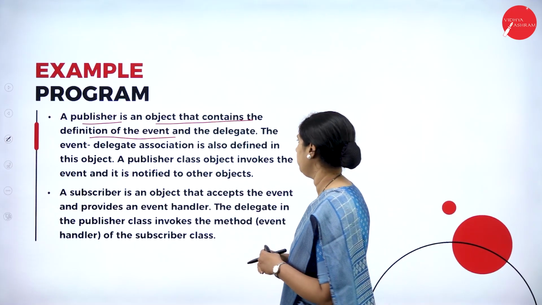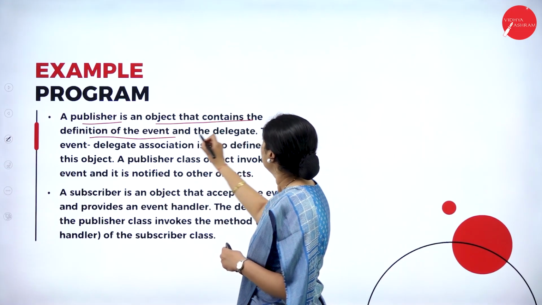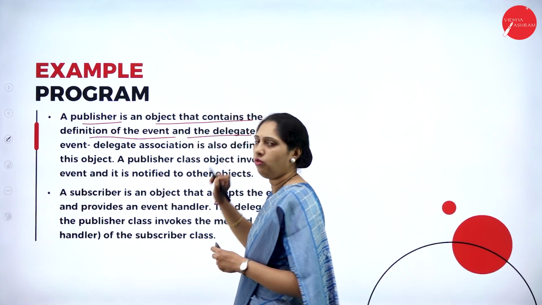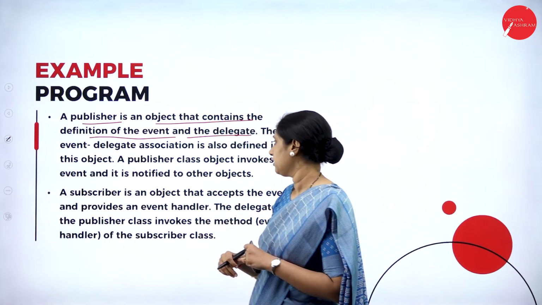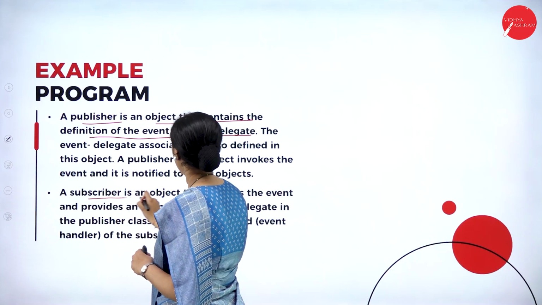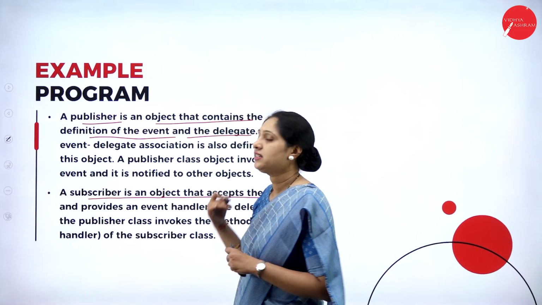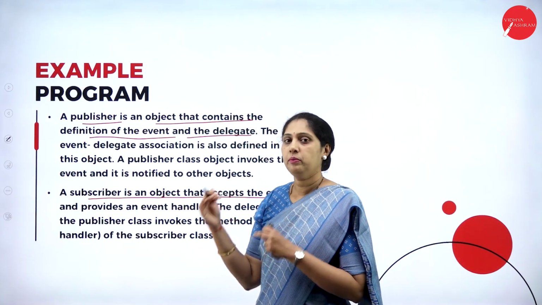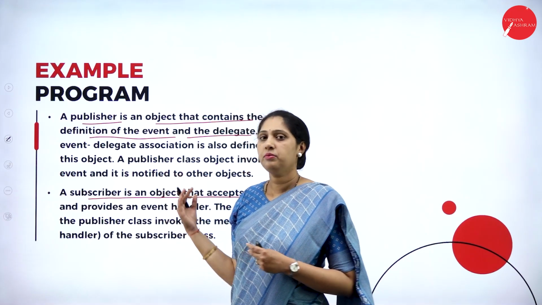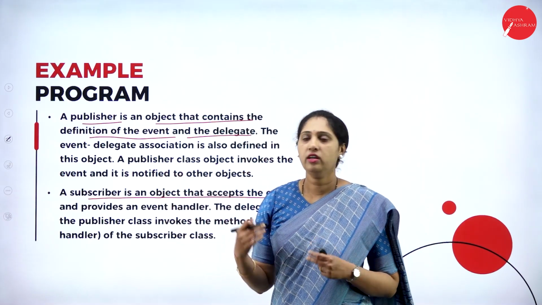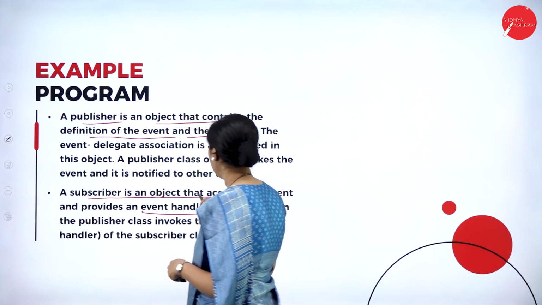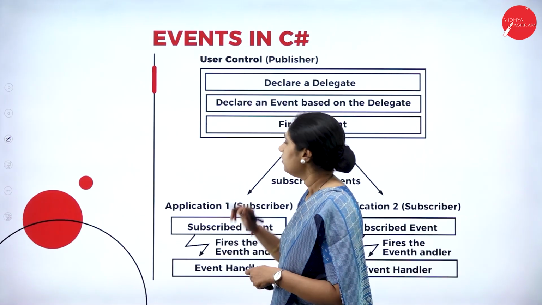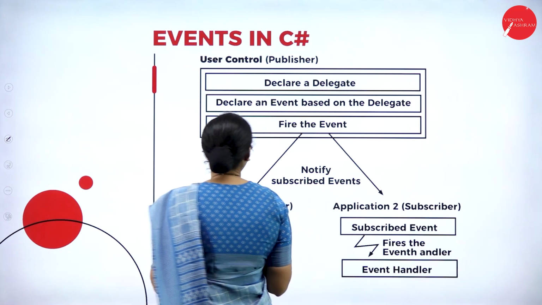The definition of the event, and the delegate. If I want to use an event, I should use a delegate also. Next, what about the subscriber? A subscriber is an object that accepts the event. If the publisher publishes the event, the subscriber should accept the event you are passing, and it should also provide the event handler.